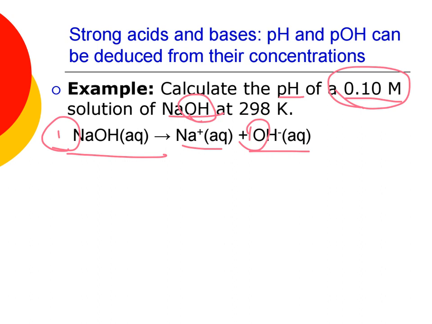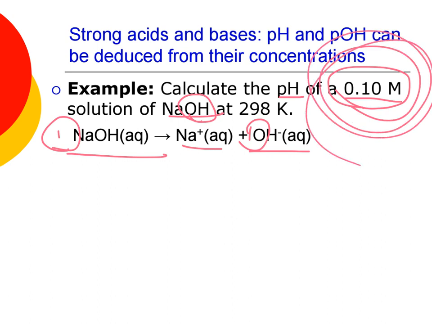The concentration of sodium hydroxide can be converted into the exact same concentration of hydroxide ions themselves. So for this reason, we're able to treat this 0.1 molar as the concentration of the hydroxide itself. This is an assumption we did make in honors, we just weren't very explicit about it.